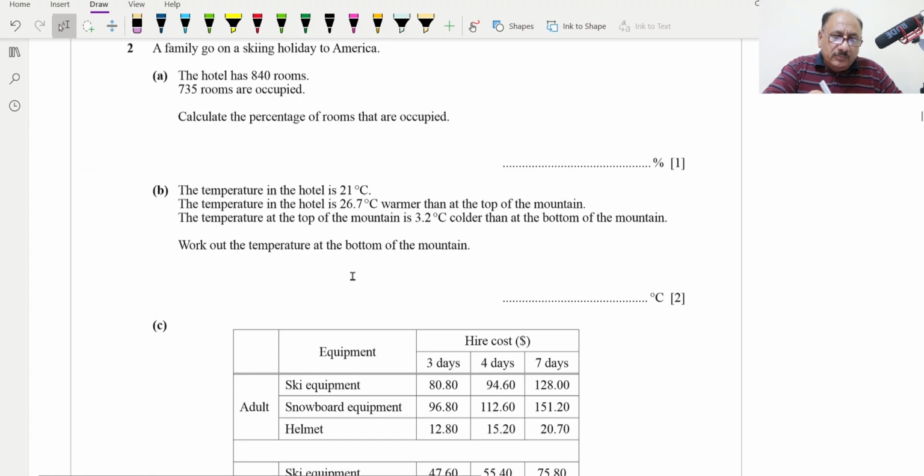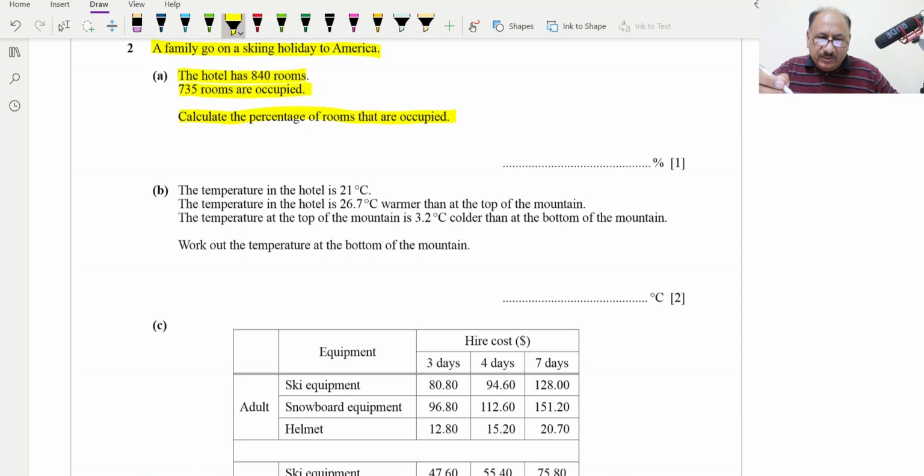Then question number two says a family go on a skiing holiday to America. The hotel has 840 rooms, 735 rooms were occupied. Calculate the percentage of rooms that are occupied.